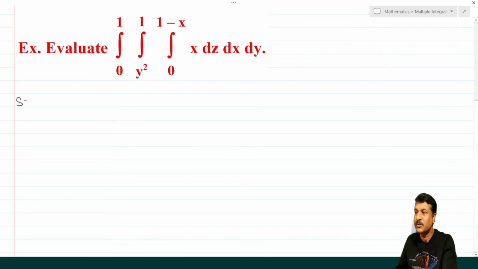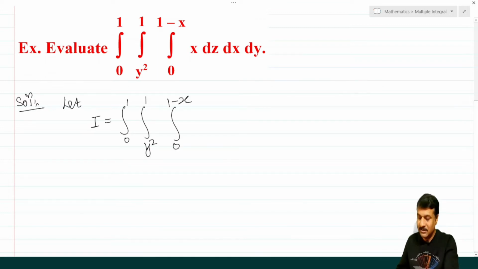So here is the solution. Let I equal to integration 0 to 1, integration y square to 1, and integration 0 to 1 minus x, dz dx dy. Note that these limits contain x and y, so I will integrate with respect to z first.